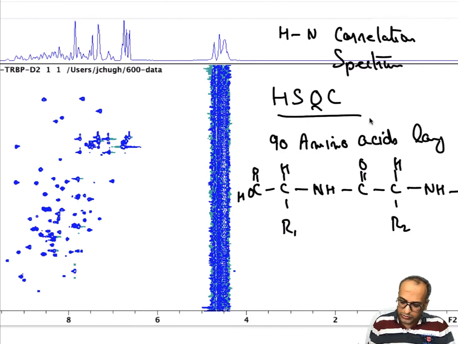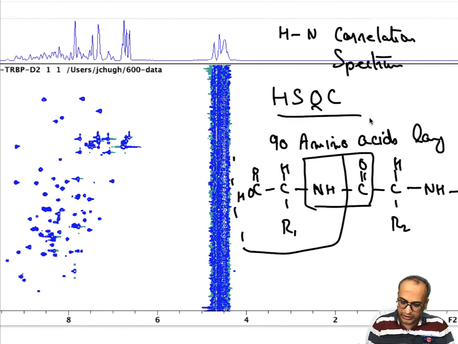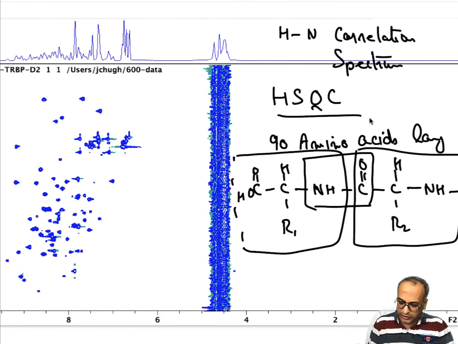This is called a peptide bond, and this is one amino acid, this is the second amino acid, and you keep on going. So this is a 90 amino acid long protein, and each amino acid will have one NH, right?